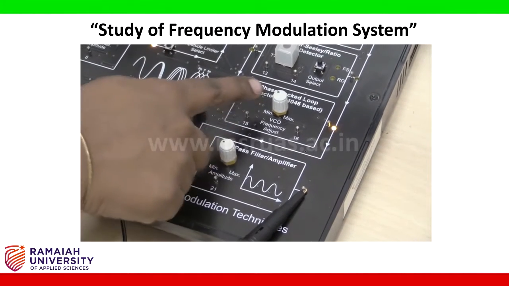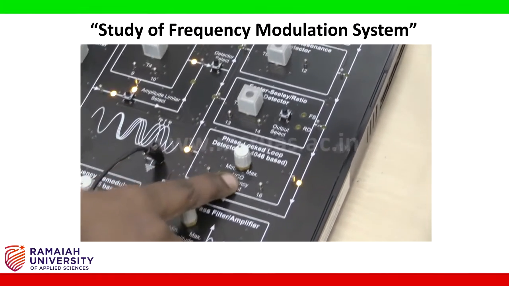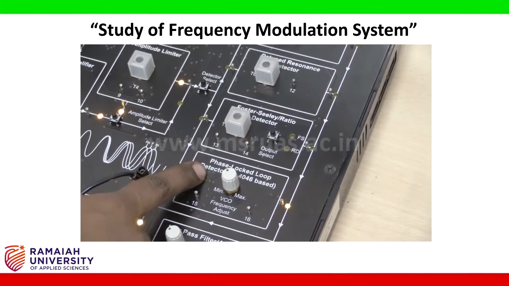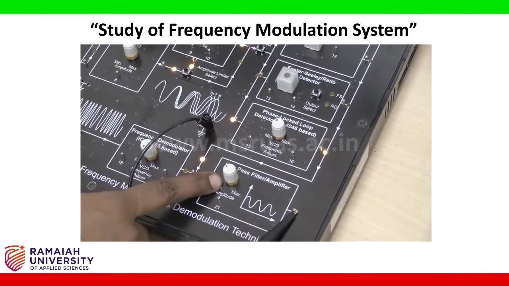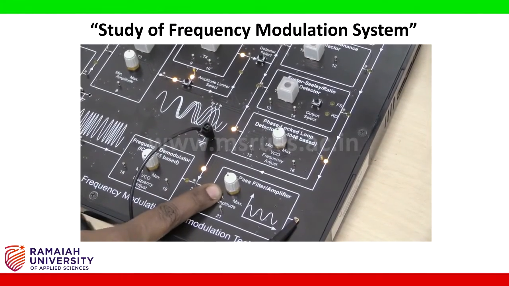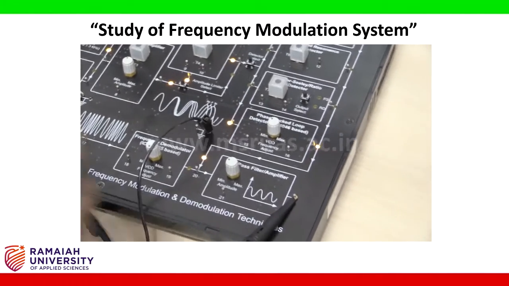So now by adjusting the phase locked loop VCO frequency, the voltage controlled oscillator being a part of the phase locked loop, and by adjusting this knob as well as the gain knob of the filter and amplifier stage, we should be able to retrieve our message almost in the same manner.